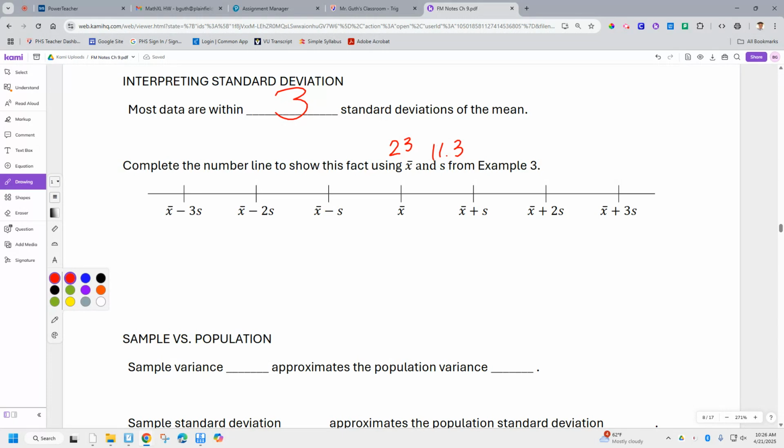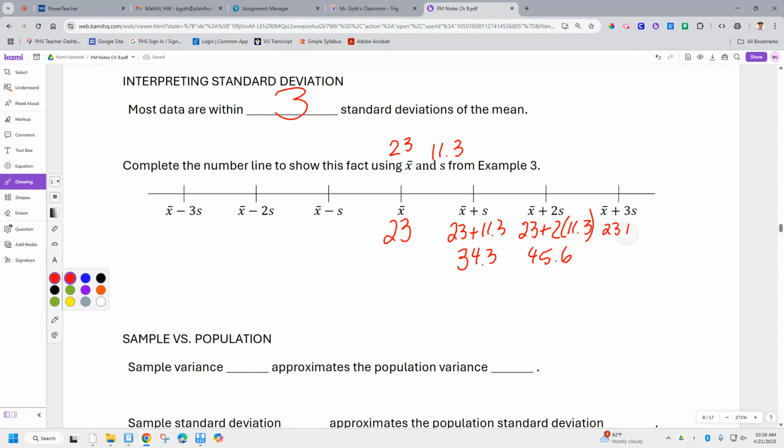So what this says, X bar is 23, but X bar plus S is 34.3, and X bar plus 2 standard deviations is 45.6.